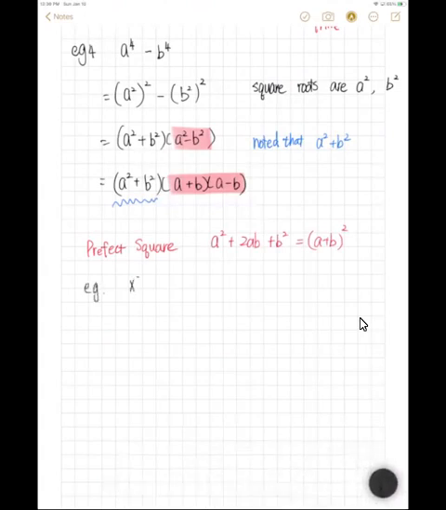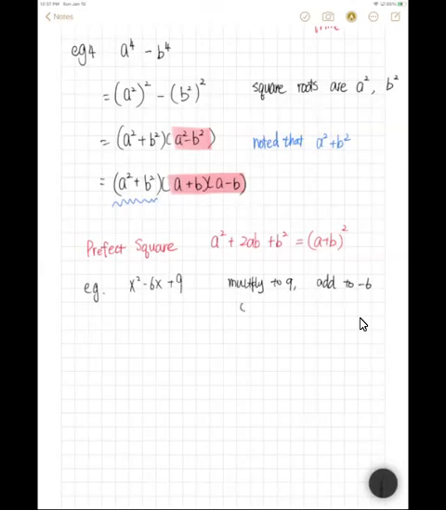Example, we have x squared minus 6x plus 9. So we use the AC method. We want two numbers multiplied to get 9, and then two numbers that add together to get negative 6.